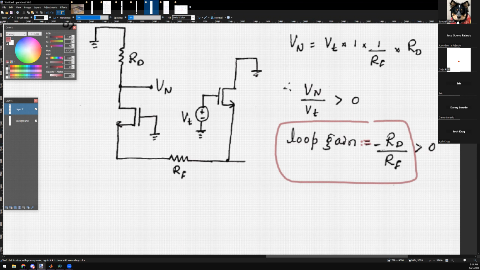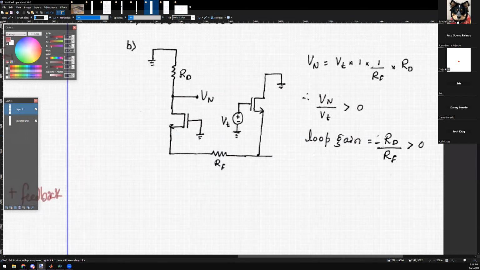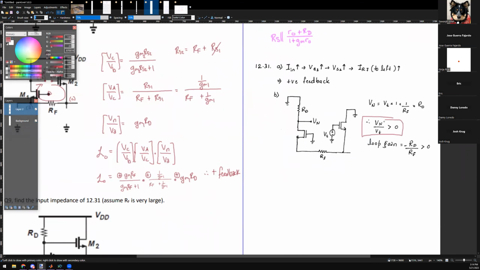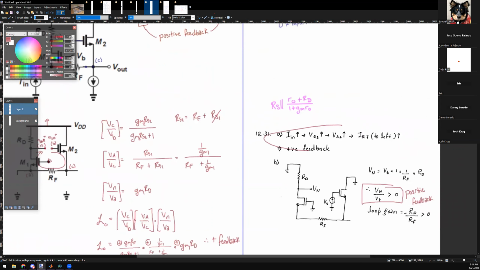That doesn't even make sense. If you're saying a negative number is greater than 0. I think he's trying to say that when that thing is greater than 0, then that is a loop gain. I just think he's saying you can write any of this and he'll give you points for it. No, I'm saying this makes no mathematical sense. Just write this and say positive feedback.